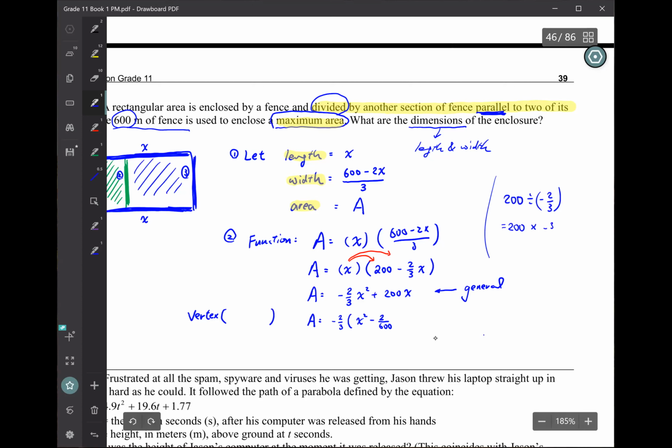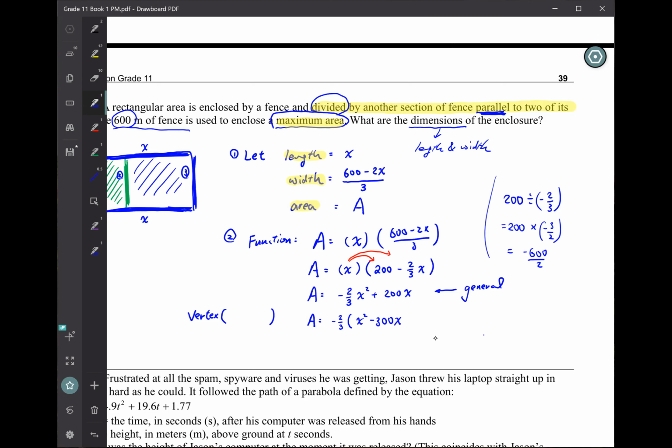You multiply it. Okay, go on. Negative 600/2, which is negative 300. Yes, okay, so it's upside down. Very close, okay? Minus 300x, right?